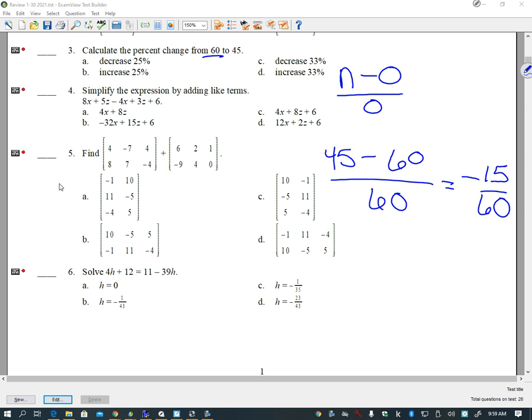What's that going to come out to as a decimal? Negative 0.25, which is a 25% decrease. Okay? 25% decrease.